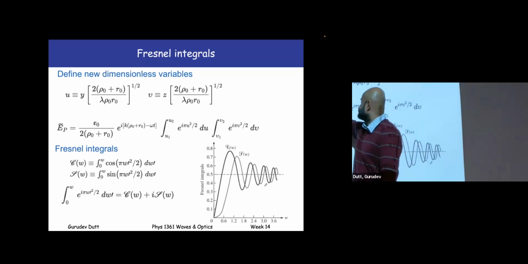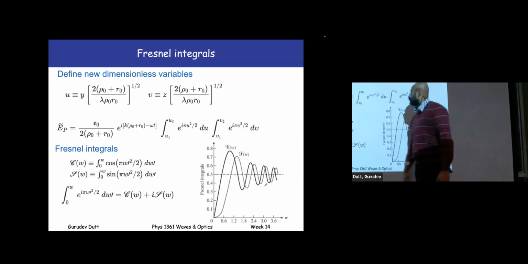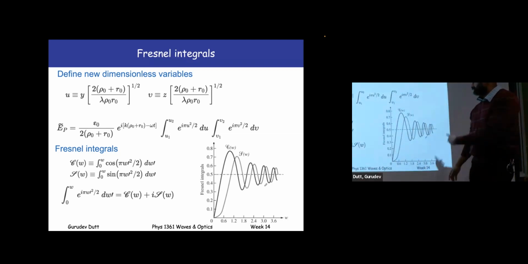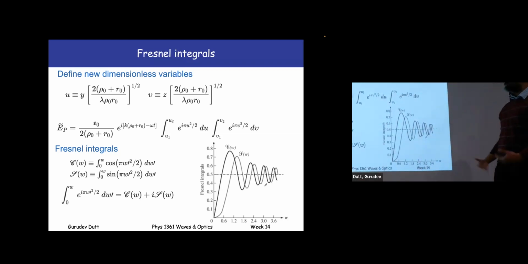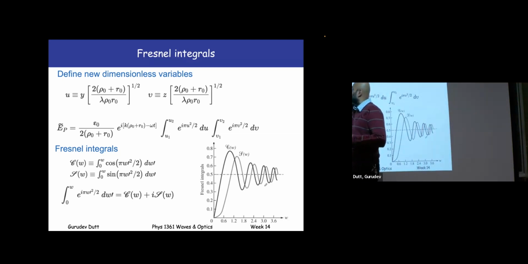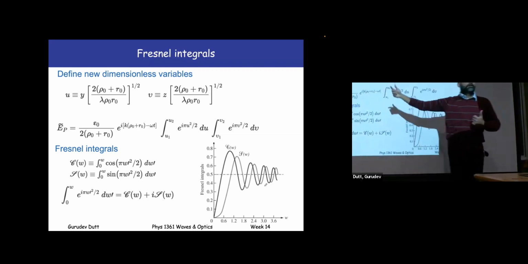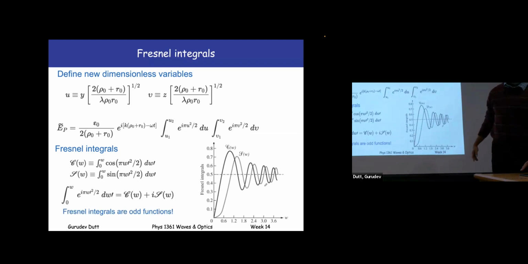For plane waves, as we'll see, this can be very simple. They're just 2 divided by lambda R naught, where R naught is the distance to the slit. I'll show you that formula in a second. Basically, if I give you the distance from the source, the distance from the slit, and the size of the slit, then you can simply calculate what the limits U and V are. And I'll do an example in a minute.